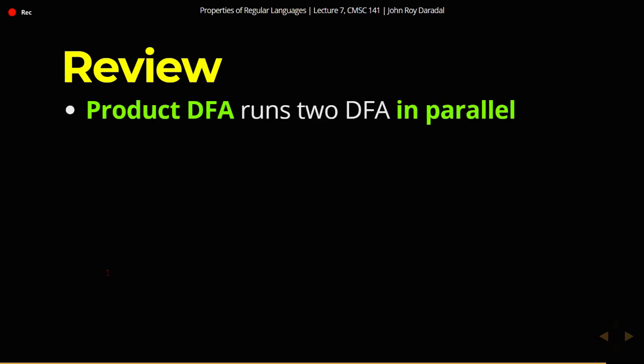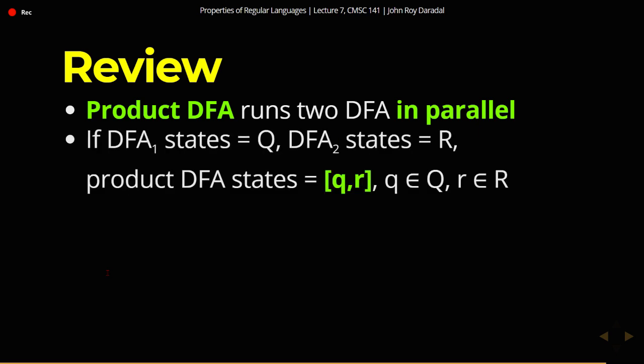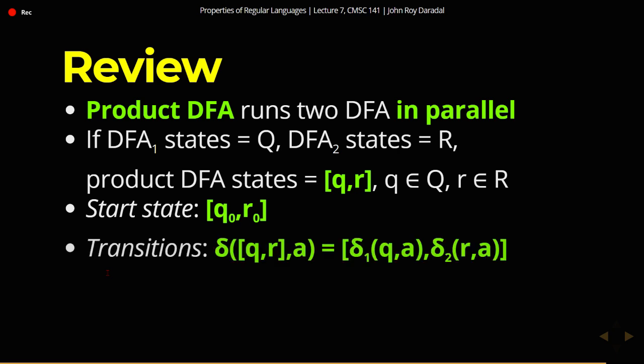So we discussed the product DFA, which essentially runs two DFAs in parallel. Okay, so if the states Q are for DFA1 and states R are for DFA2, then the product DFA has states of the form (Q, R), right? So states from DFA1 and DFA2. Start state would be (Q0, R0), which is the respective starting states of the two DFAs.